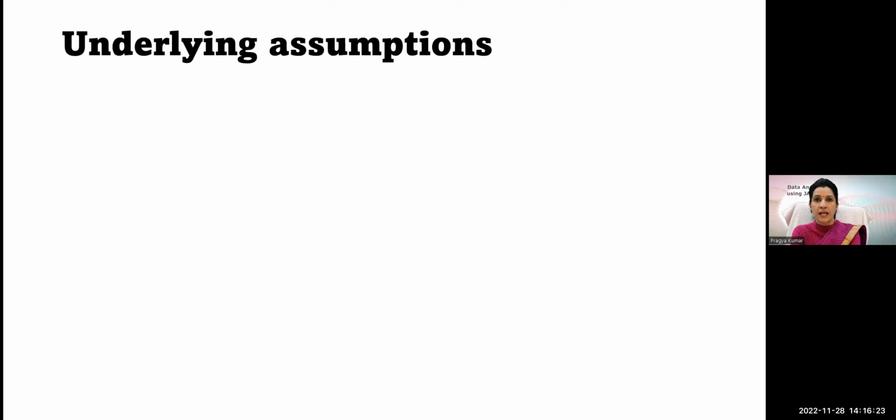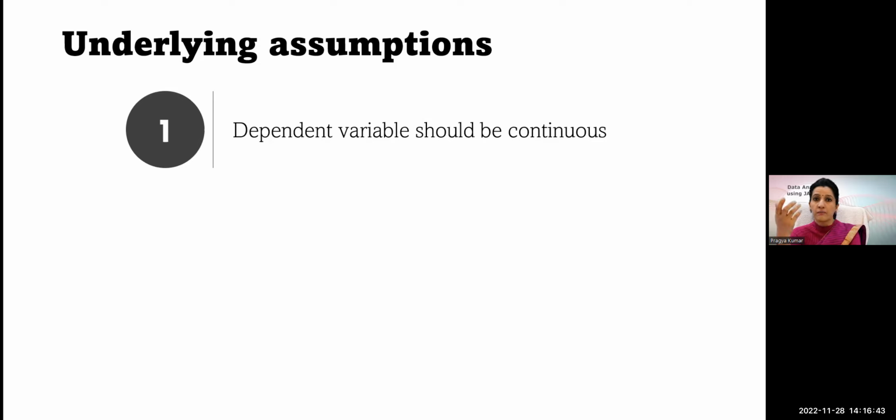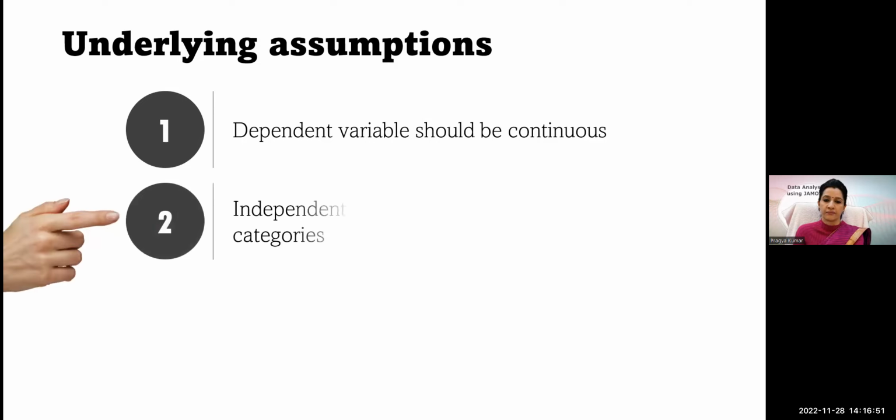So what are the underlying assumptions? The first is that the dependent variable should be a continuous variable. We have seen in all these three cases, like BMI score, VAS score, and the third one was your satisfaction, all these three were measured on a continuous scale.